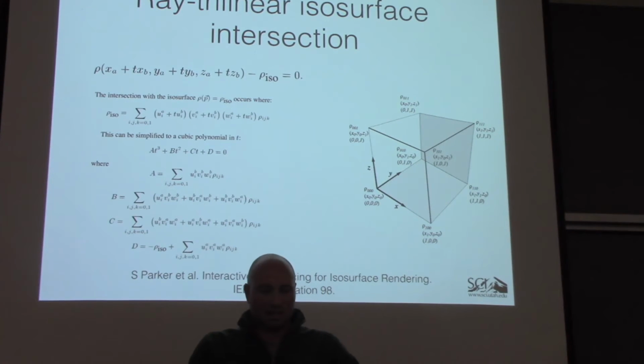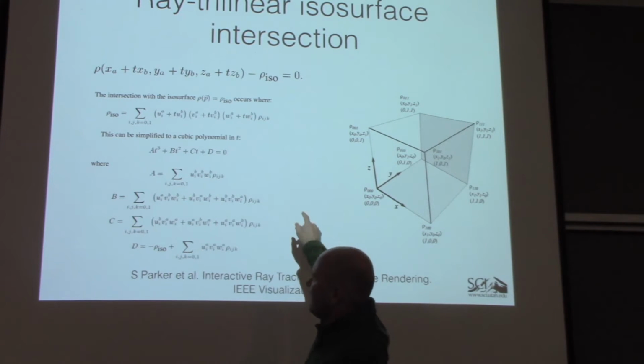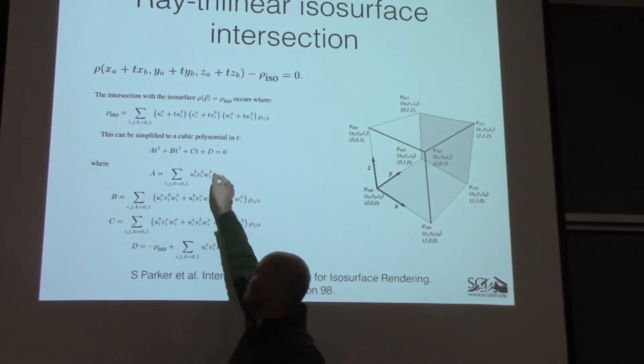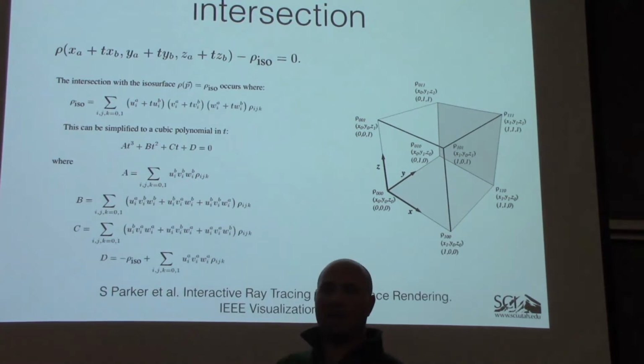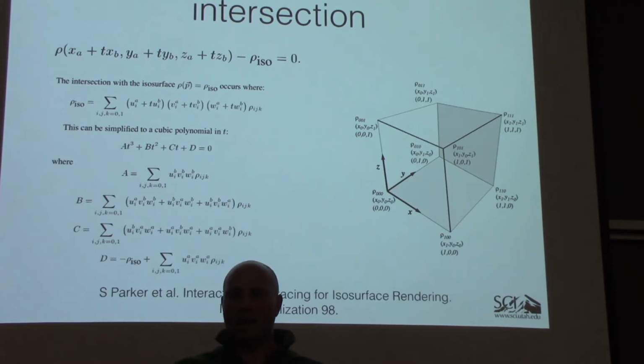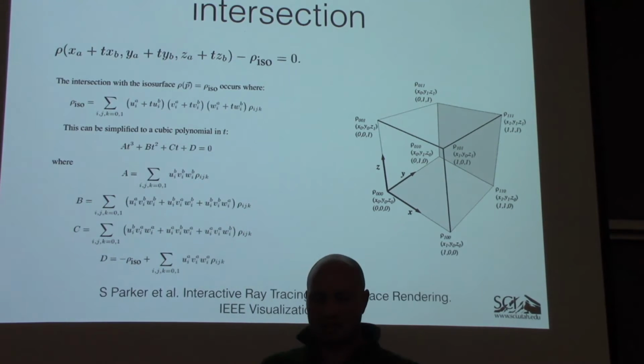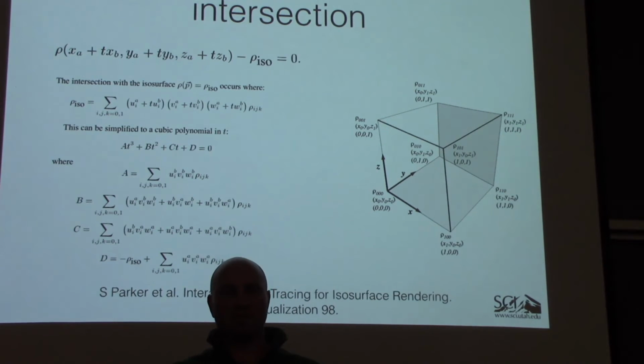And that ends up being a cubic polynomial. And all you have to do basically is to find the A, B, C, D coefficients of that polynomial as follows, and then you solve it using, there are several different solvers you can use, but you can actually use a closed form cubic solver from Schwarze.